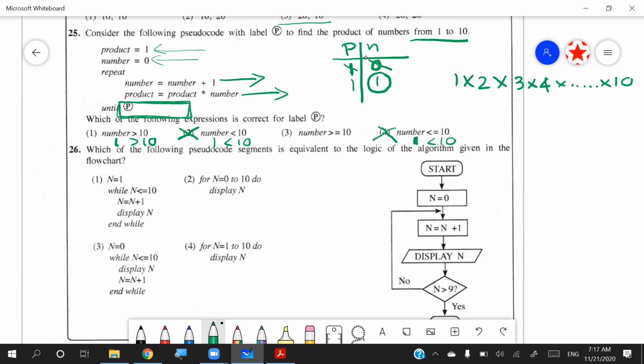Let's think our condition is going to be this particular thing, number larger than 10. I'll explain it from the beginning, the hand tracing part.